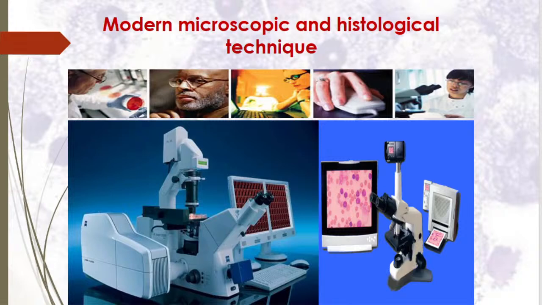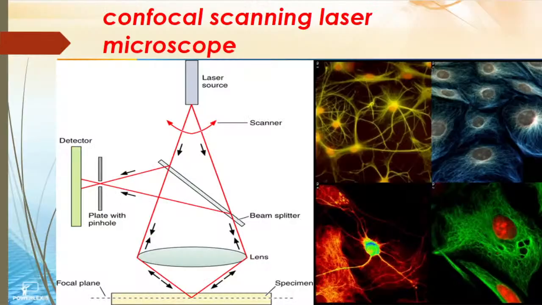Let's now talk about very modern techniques, like the famous confocal microscope. This is a classical photo of a modern inverted confocal microscope. Look, this confocal microscope is named scanning and uses laser rays. The laser source, like a special laser gun, provides laser rays directed into the object.